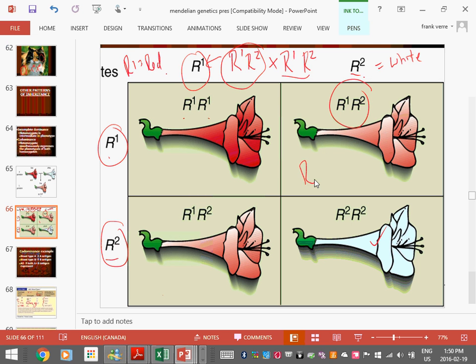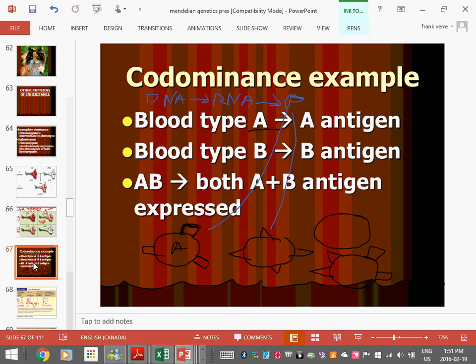It would actually be red and white. So it would be like maybe red with some white in it, or white with some red in it. Maybe. Now I'm making that up, but that's what codominance means. Codominance means that you see, they don't blend, you see both of them. So I'm going to show you an example, okay?